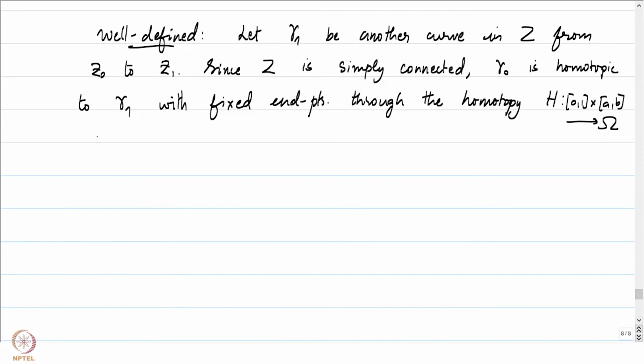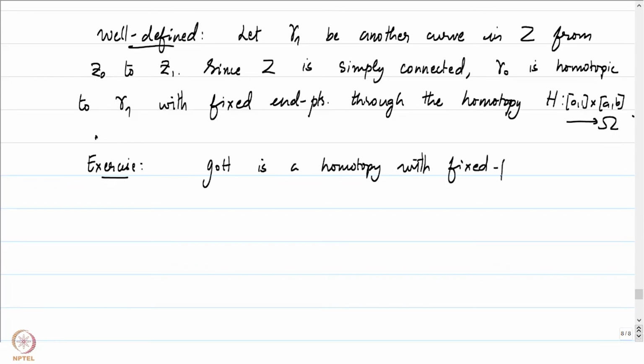And let me give you an exercise here to observe that g composed with H is a homotopy with fixed endpoints from sigma 0 to sigma 1.